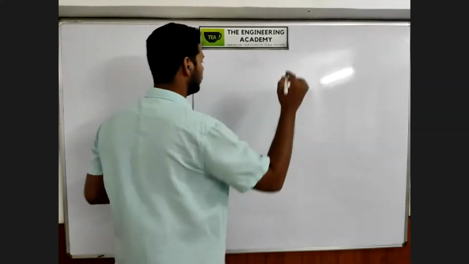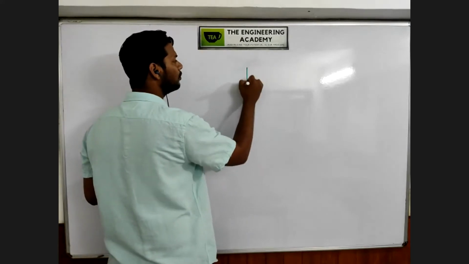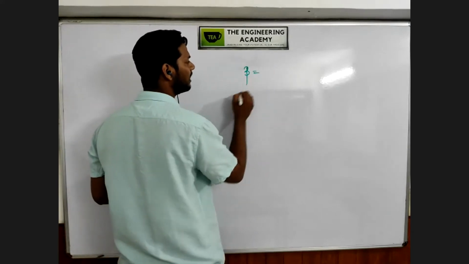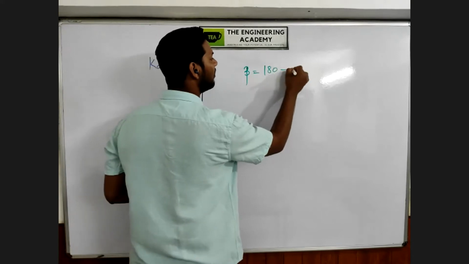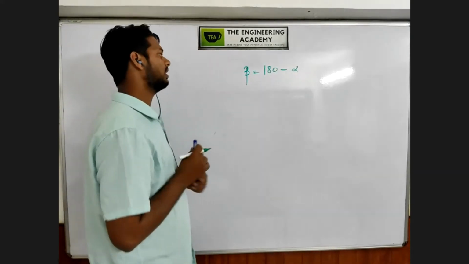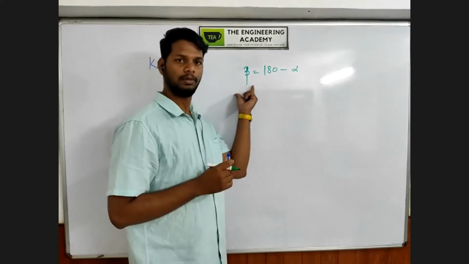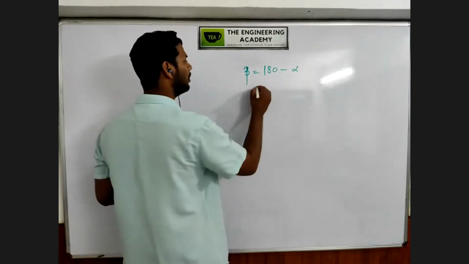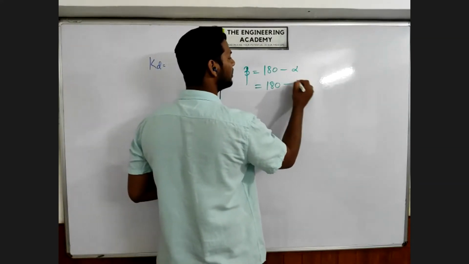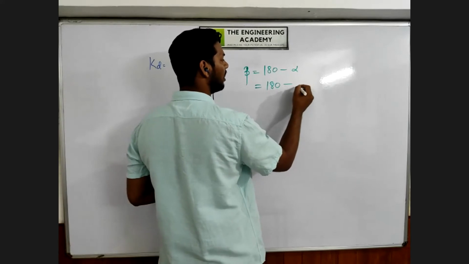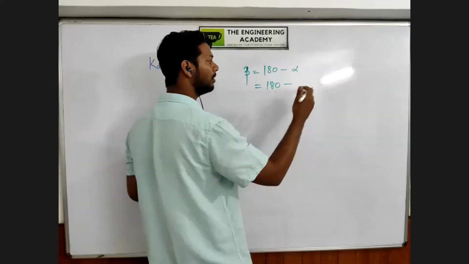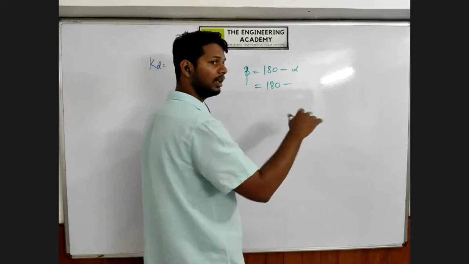Let's see. I have given two formulas, right? Beta is equal to 180 minus alpha. Tell me the coil span value. So 180 minus, what is the formula for alpha to eliminate nth harmonics?